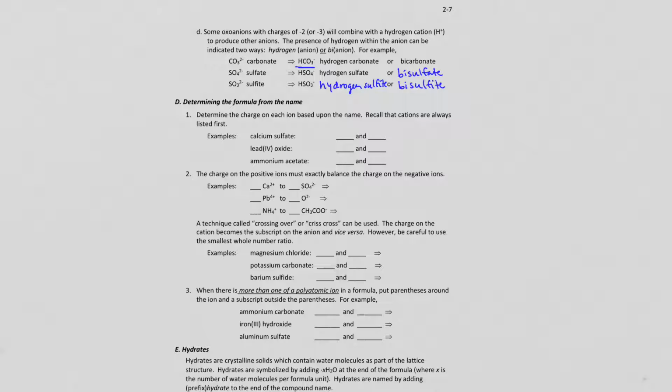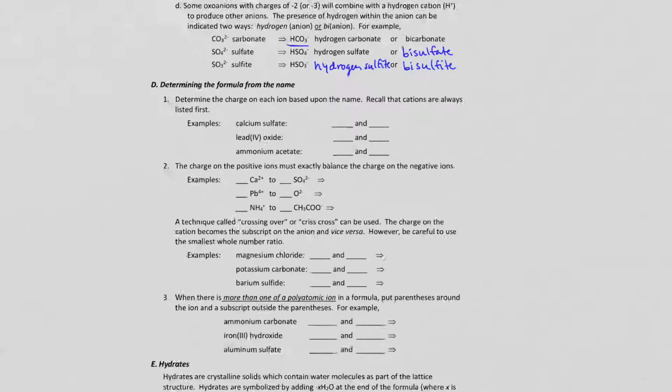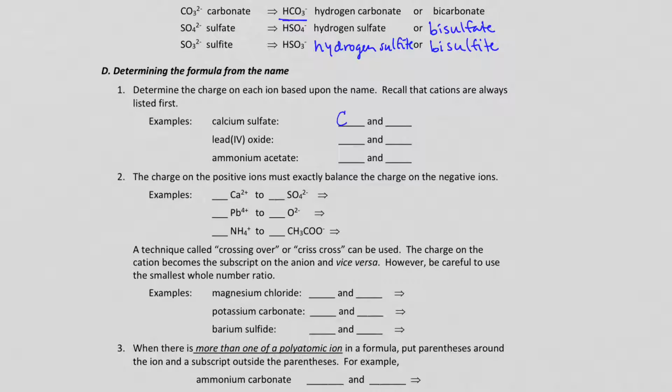So, determining the charge on each ion is actually based upon the name in some cases, but you will need to determine the formula from the name as well as the name from the formula, so you have to go both ways. Calcium sulfate involves calcium and sulfate. Big shocker, right?